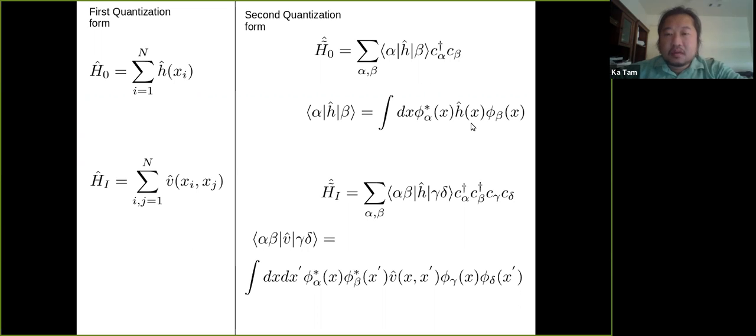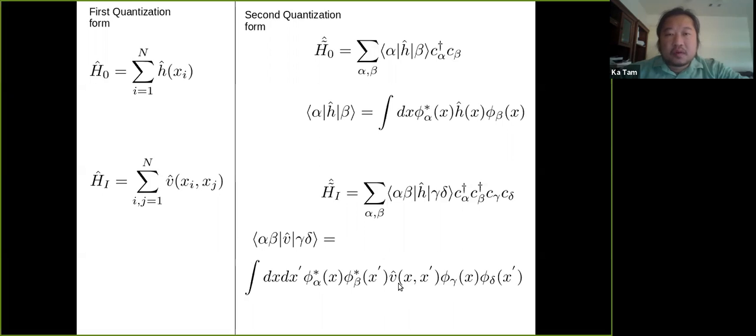Okay. Similarly, we can write down the interacting part using the same idea, but now the matrix element, V here, is given by the overlap of 4 orbitals.